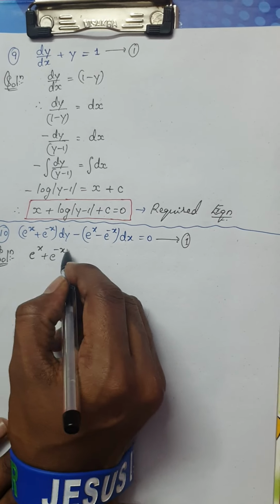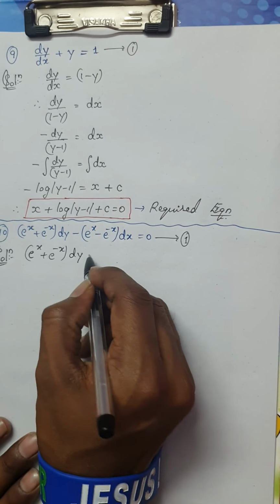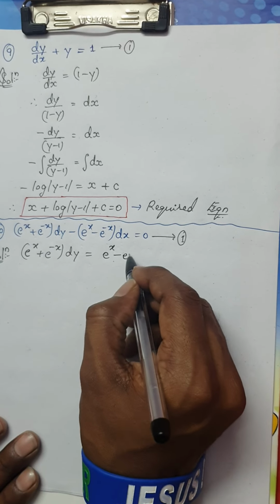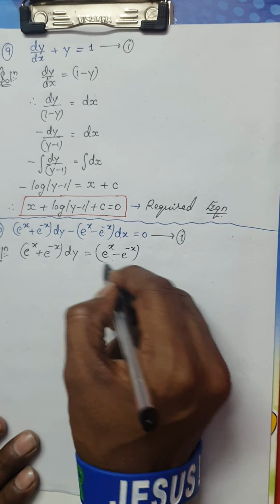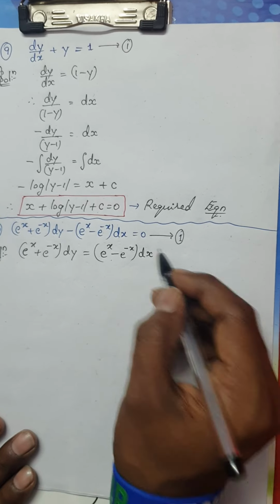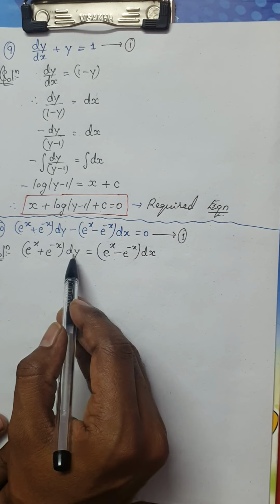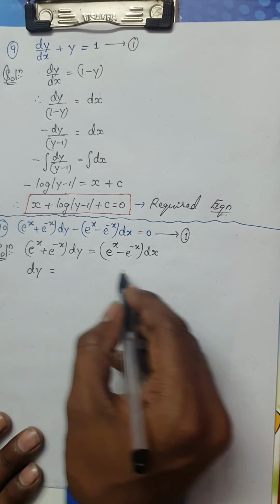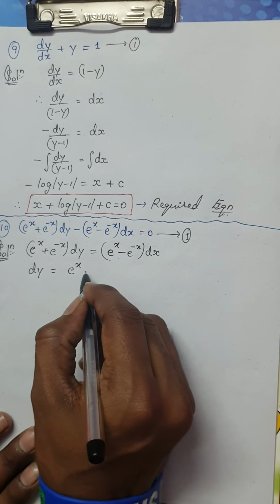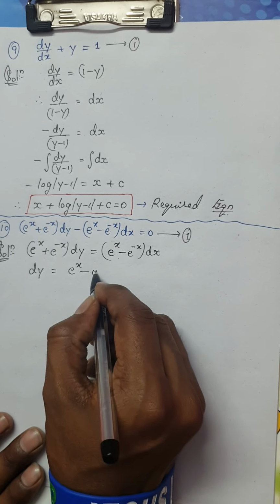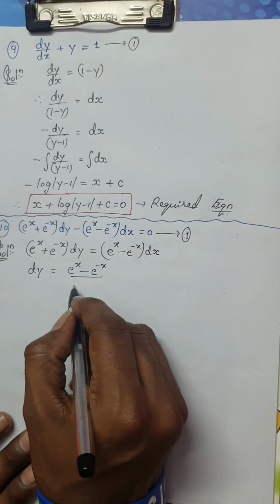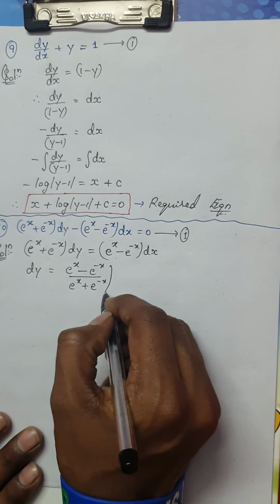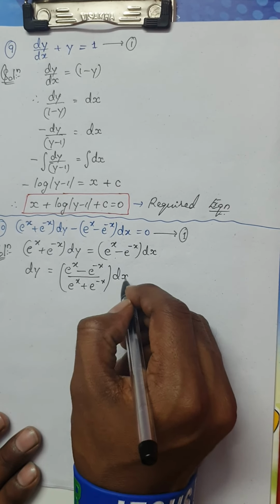(e^x + e^(-x)) dy is nothing but, take it to the right hand side, (e^x - e^(-x)) dx. Now the only y term I have is dy, so keep the y term there. So dy is nothing but, shift this term to the right hand side, so this would be (e^x - e^(-x)) divided by (e^x + e^(-x)) dx.